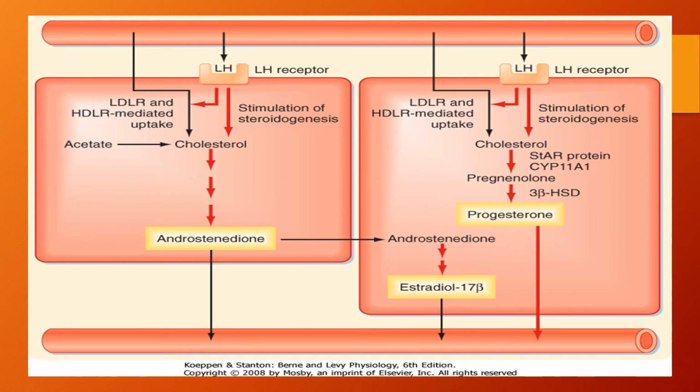So this is the steroidogenic pathway in the corpus luteum. So the product of this would be the production of your androstenedione, estradiol 17 beta, and your progesterone.